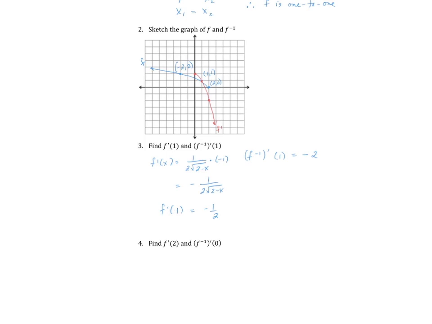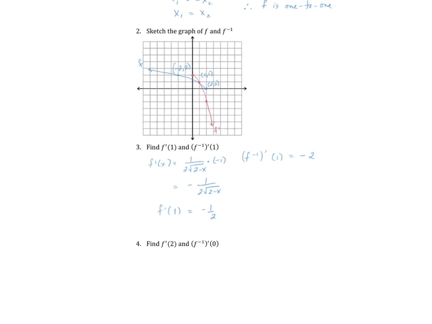So this last piece, this part 4, it says to evaluate the derivative of the function at 2, and then evaluate the derivative of the inverse function at 0. So notice that the point 2, 0 is on the function, right? So we could use the theorem, but there's a problem here. If you put 2 into the derivative of the function, it's undefined.